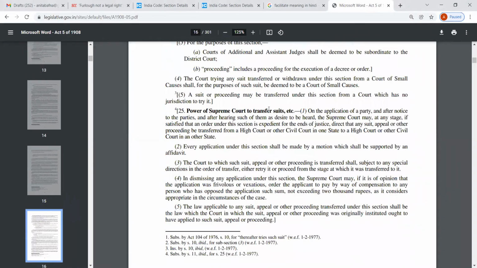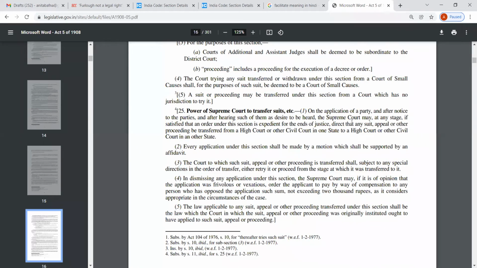Power of Supreme Court to transfer suits, etc. On the application of a party and after notice to the parties and after hearing such of them as desire to be heard, the Supreme Court may at any stage, if satisfied that an order under this section is expedient for the ends of justice, that it is necessary for justice, direct that any suit, appeal or other proceeding be transferred from a High Court or other civil court in one state to a High Court or other civil court in another state.